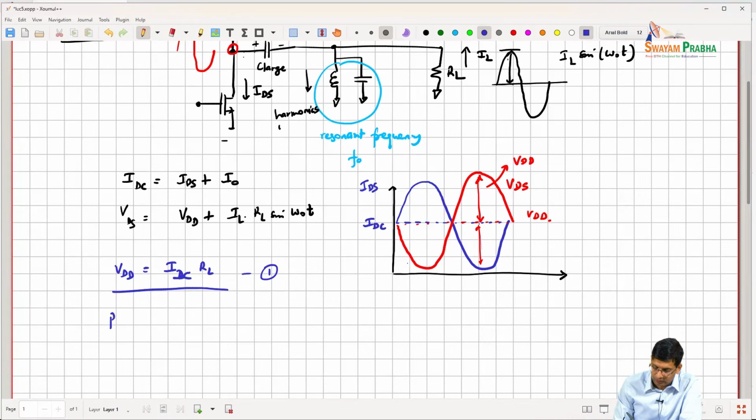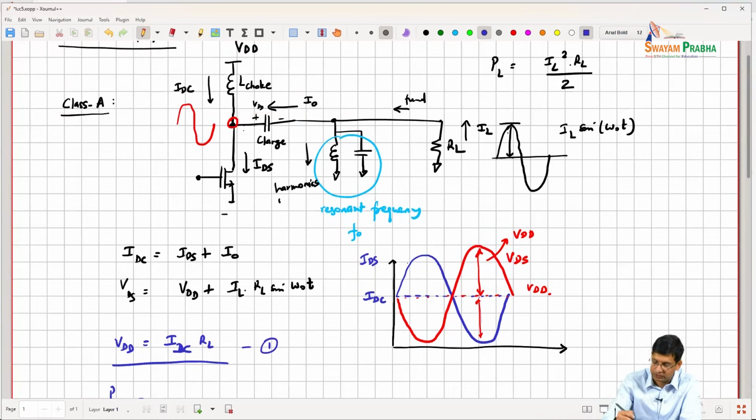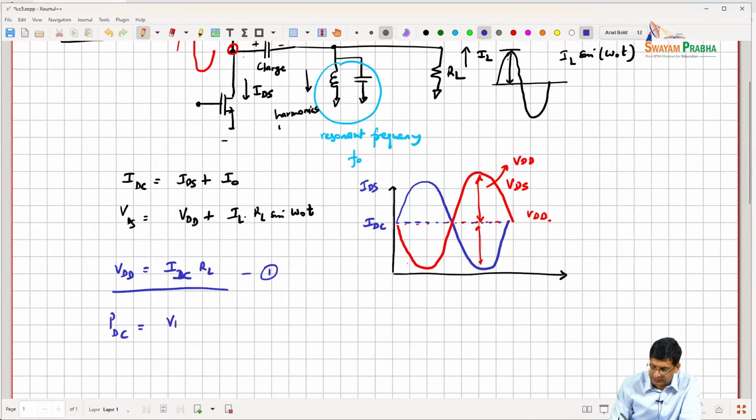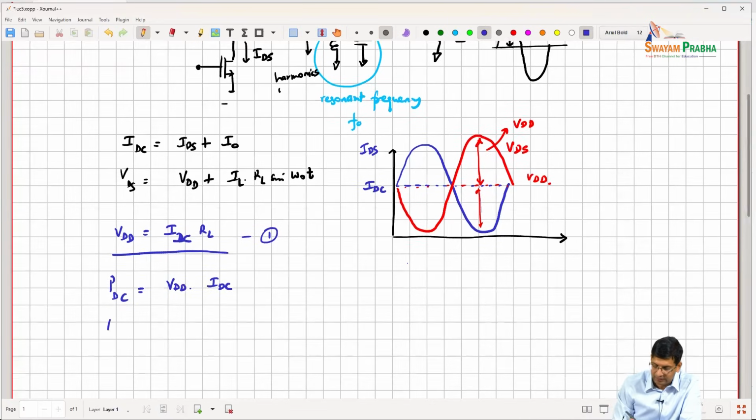So, then if I look at my PDC that I am dissipating, this is the only source of DC current. So, that is just VDD times IDC. And then if I think about the power that I am dissipating in my load, I am getting IL squared times RL divided by 2, where the magnitude of IL is also IDC.